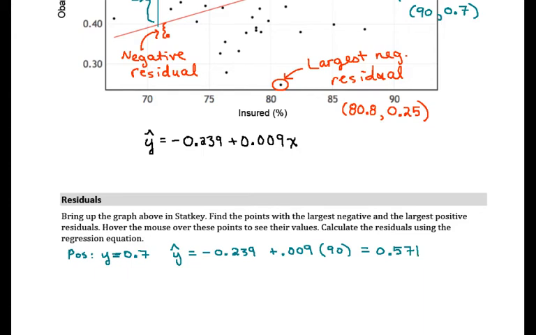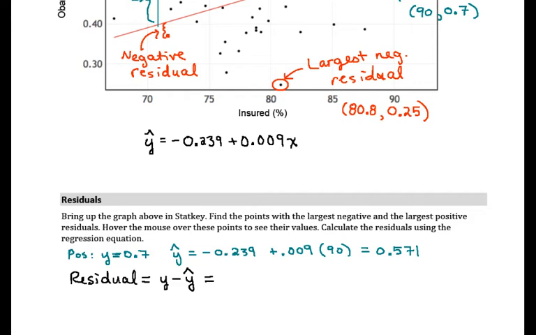The residual is the vertical distance to the line, but it's a signed distance, so it's the actual y value minus the y hat estimate that we get from the graph. So we always subtract in this order.